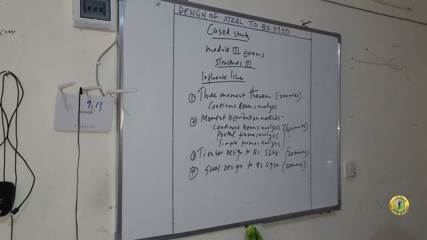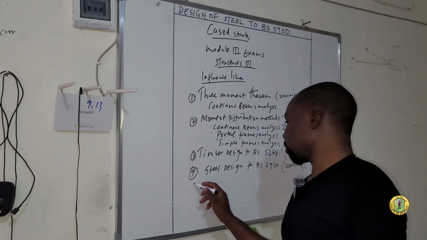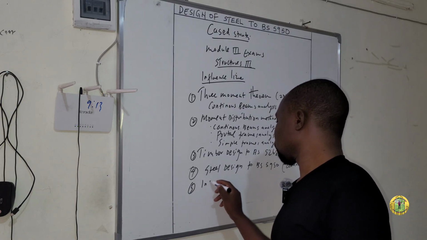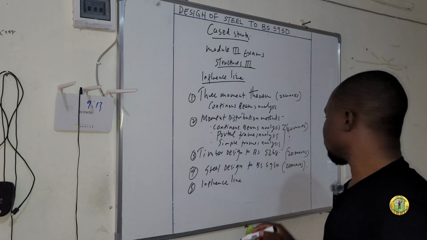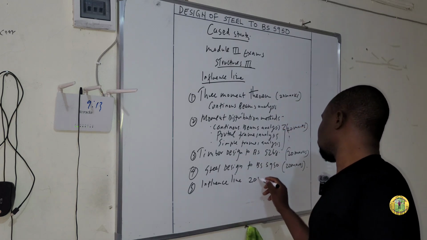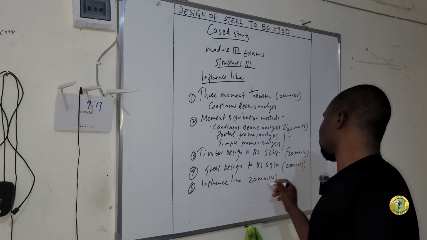We have another topic called influence line. This is number 5. Influence line, so this is again 20 marks.